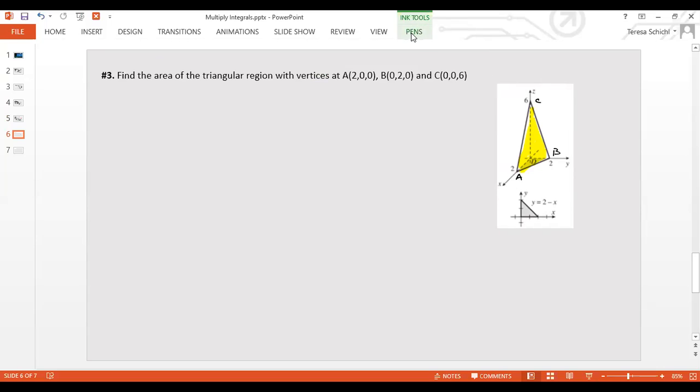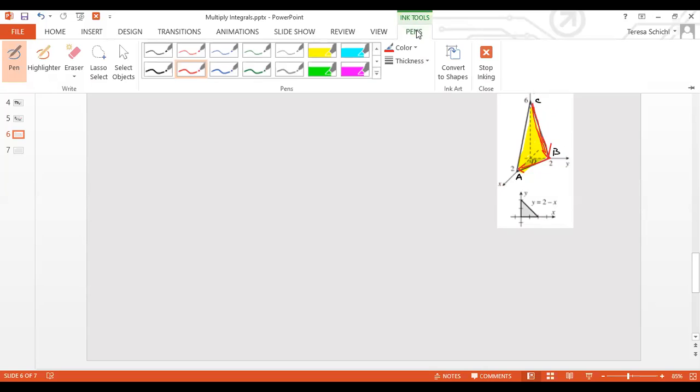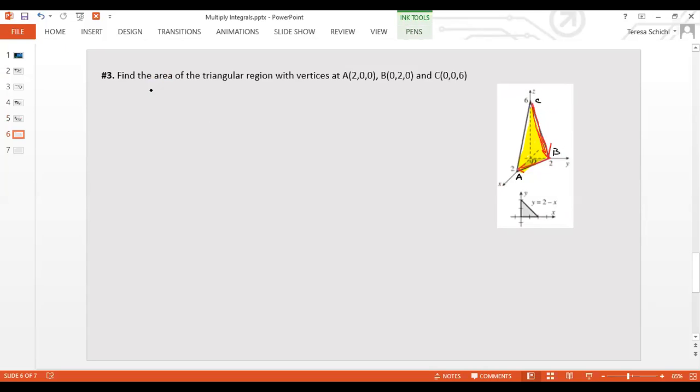Okay, so now we take a look at these two: BA and CB. These two vectors form this plane, correct?